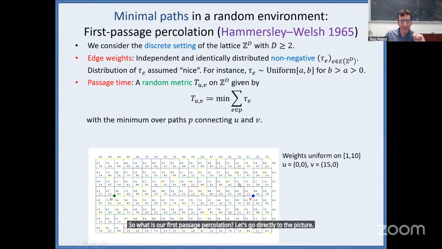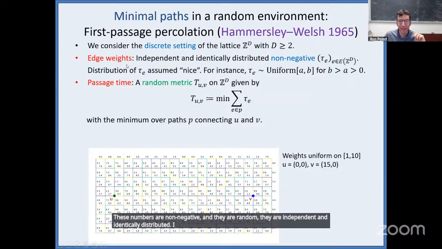We have the lattice, in this case the square lattice, Z^D, where capital D is 2. Every edge of the square lattice has a number associated to it. These numbers are non-negative and random. They are independent and identically distributed.